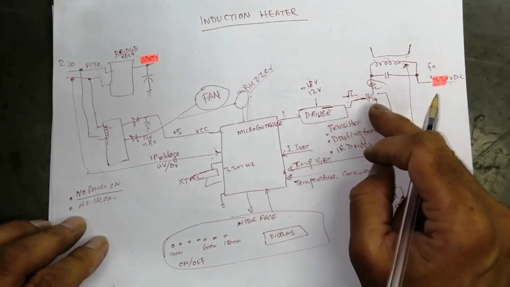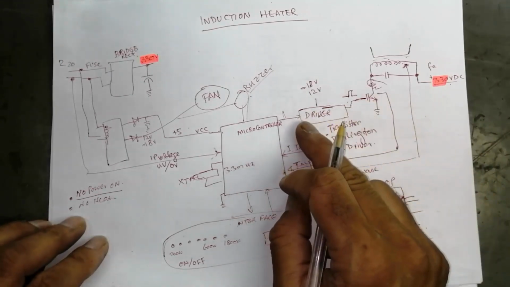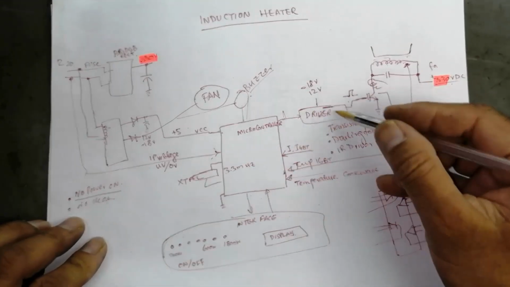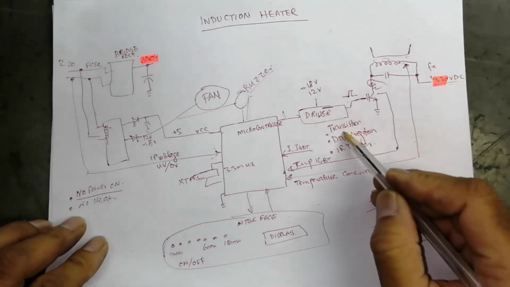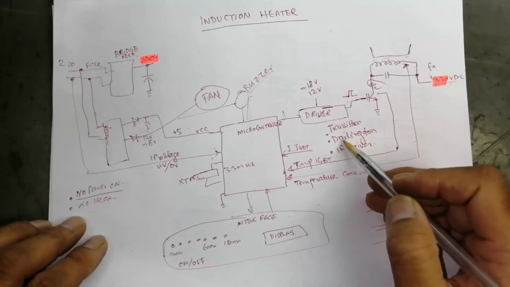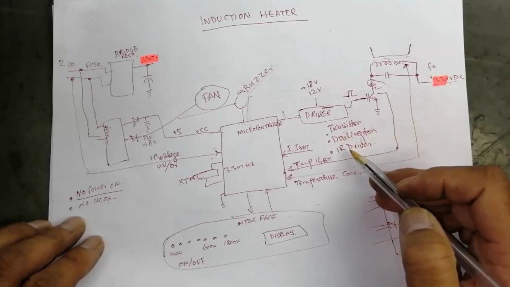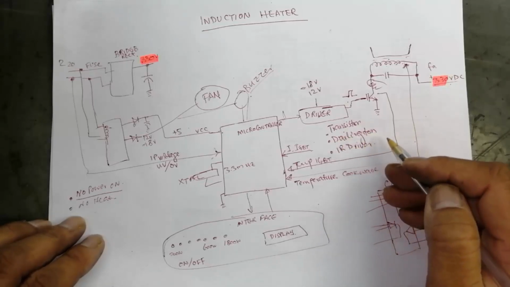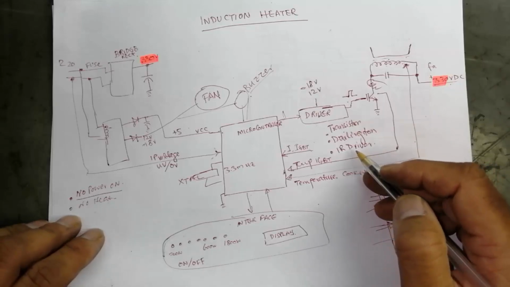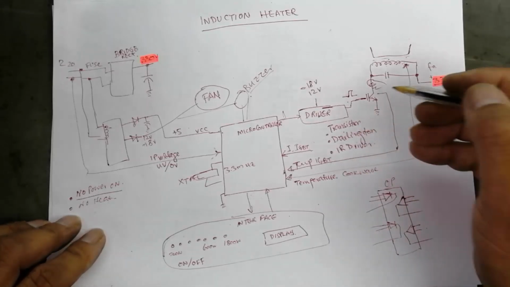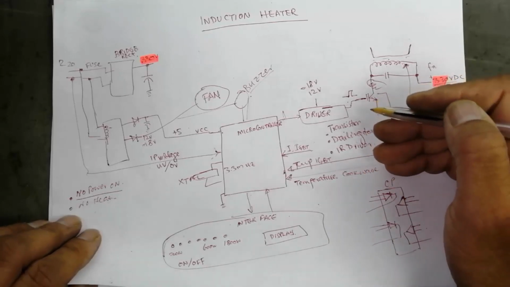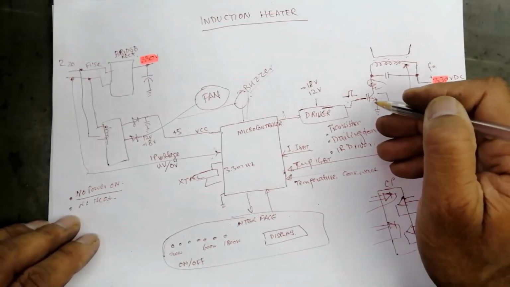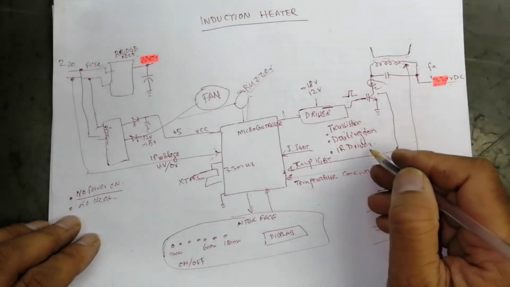If the IGBT is bad, then we have to check the driver. So the driver most of the time is a transistor, NPN or PNP, and sometimes it is a Darlington, and sometimes there are IR2304 series ICs. They are drivers. Sometimes we have one IGBT, sometimes we are using two IGBTs. So if two IGBTs, that time an IR driver is used.